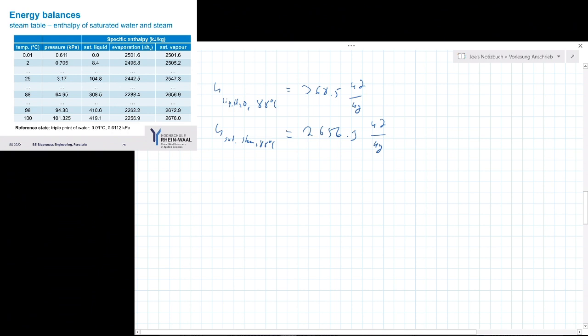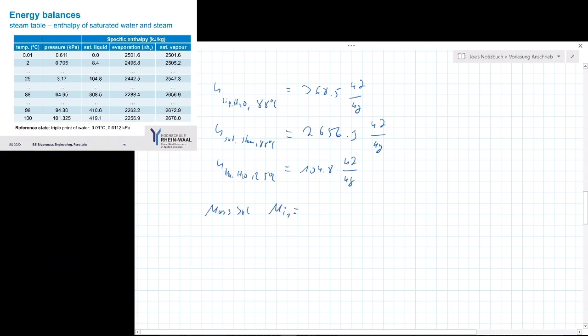And we have the H liquid water at 25 degrees, and this is 104.8 kilojoule per kilogram.